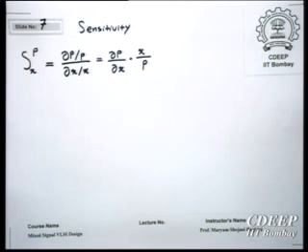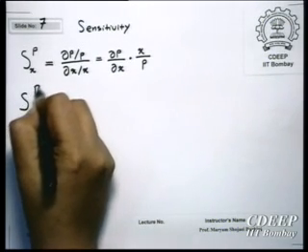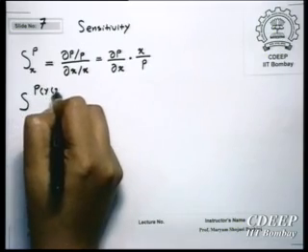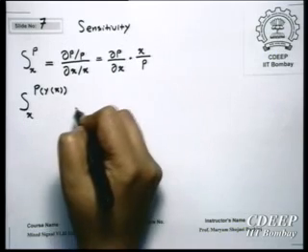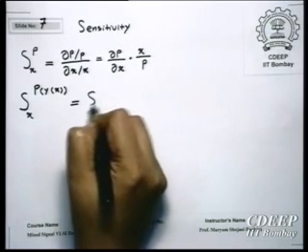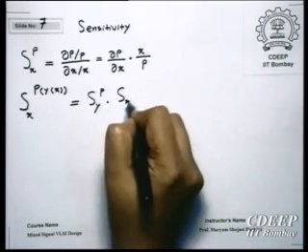So some of the properties of this sensitivity, for example, will be: if you have a function P as a function of Y and Y is a function of X, and then you want to see sensitivity to X, it can be proved that this will be a multiplication.